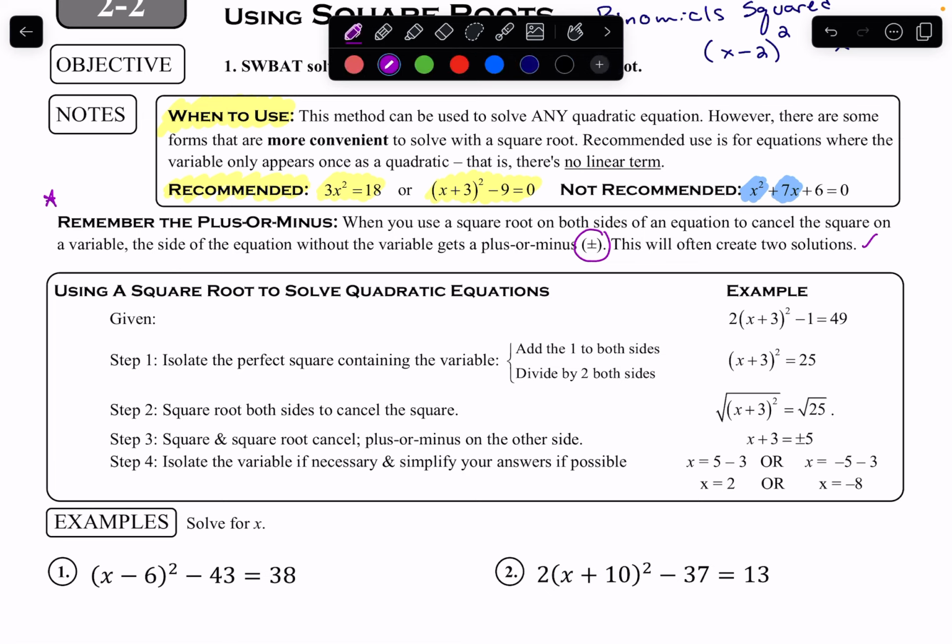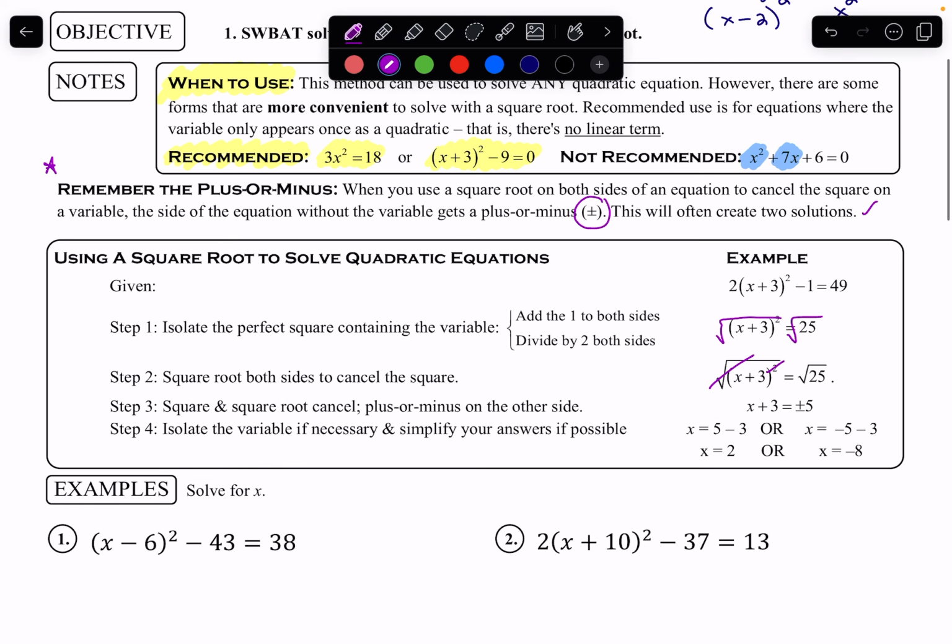The next step is to square root both sides, because I can't get rid of that plus 3 that's inside with x until I get rid of everything on the outside. And I'm stuck with this square on the outside. So what it has us do is square root both sides to get rid of that square. And when you do that, that gets rid of the square on the left.